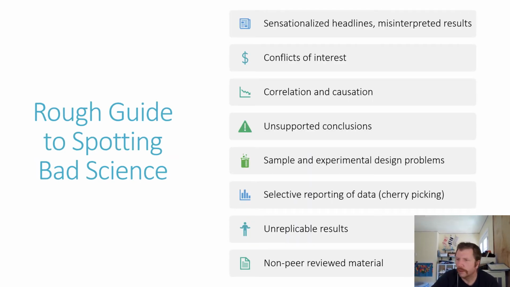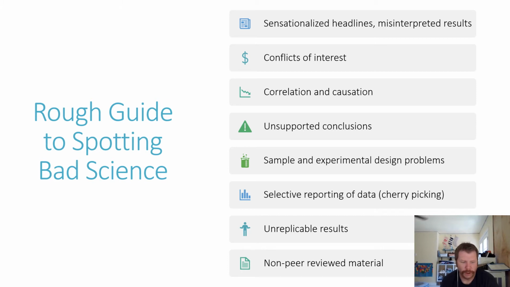So another thing, as is a key part of any sort of scientific course or any sort of scientific discovery, is you need to have a critical eye to identify basically bad science.